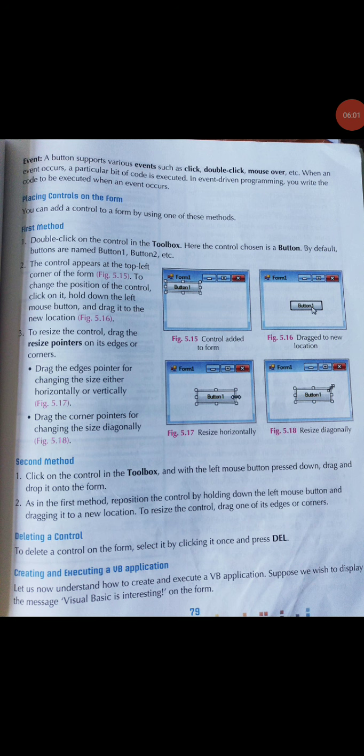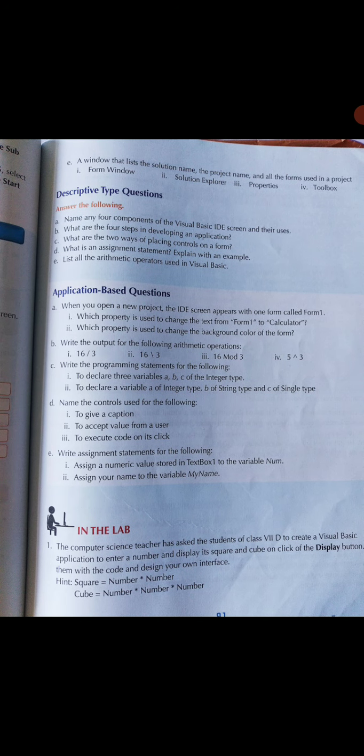So students, everyone take out your copy. I will give you one answer regarding my today's explanation. You will get this question on page number 91, number C. What are the two ways of placing controls on a form?